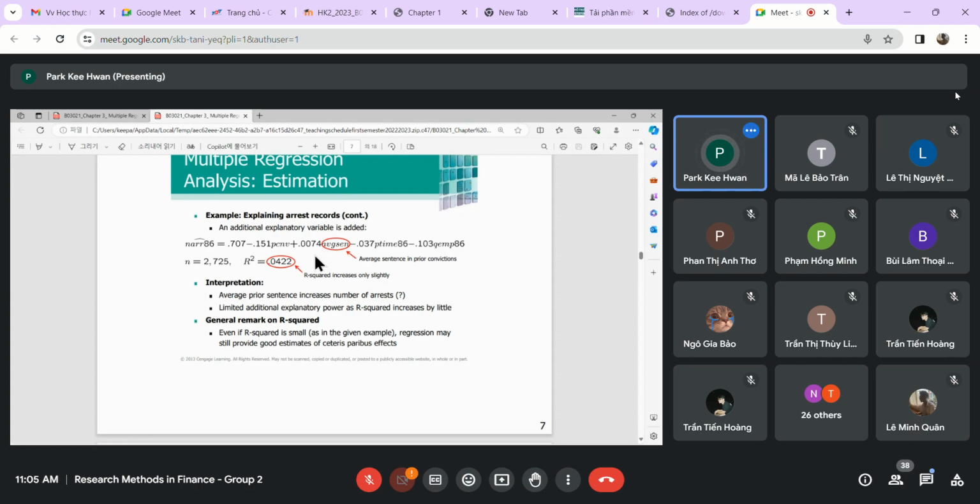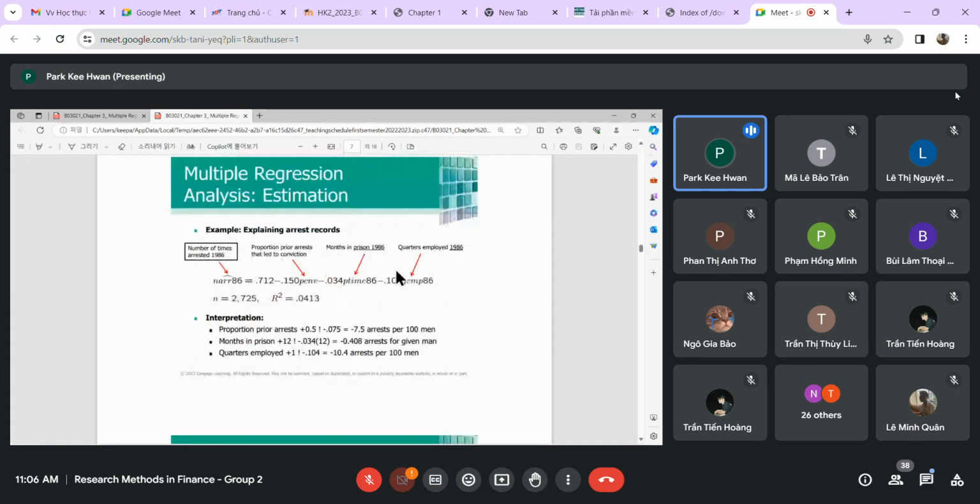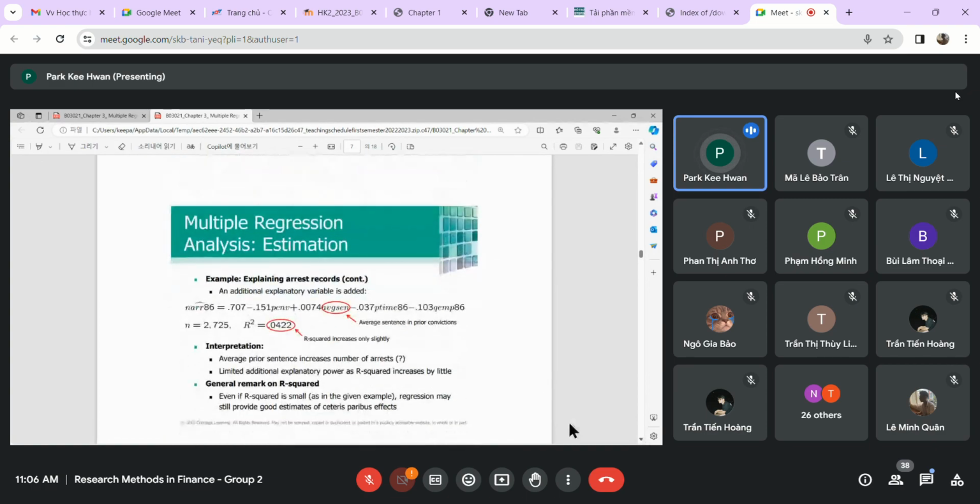Now in here, R square is 0.0422, okay? So R square increased only slightly. Previously, without this variable, the R square was 0.0413. Now R square is 0.0422. So R square increased only slightly, even though we added one more variable.